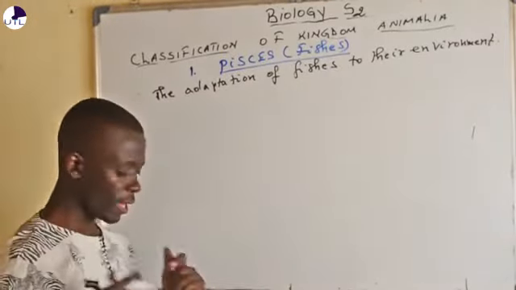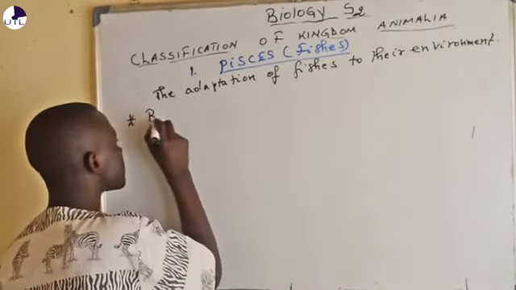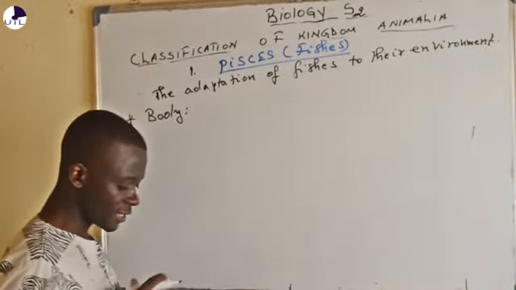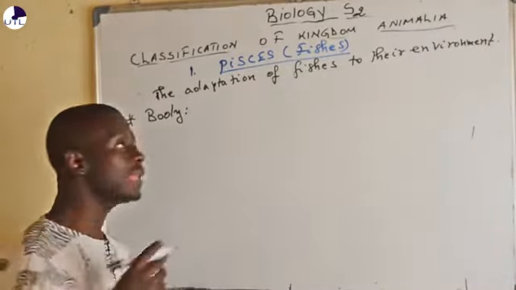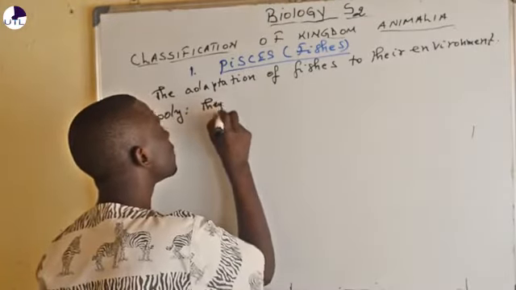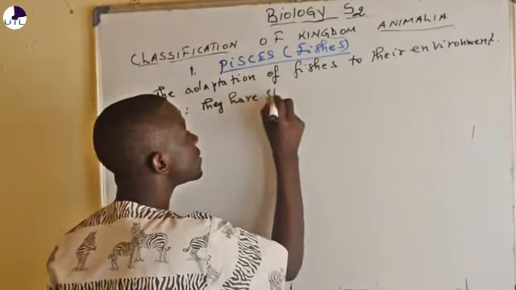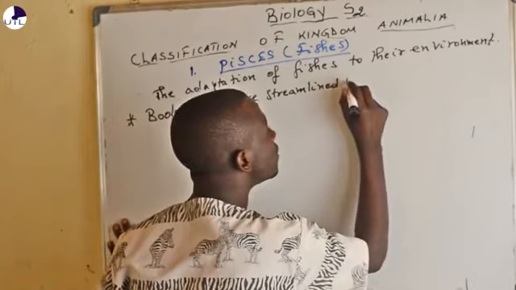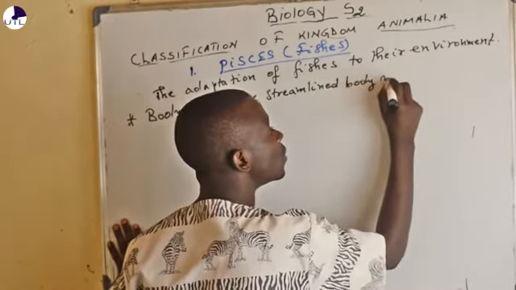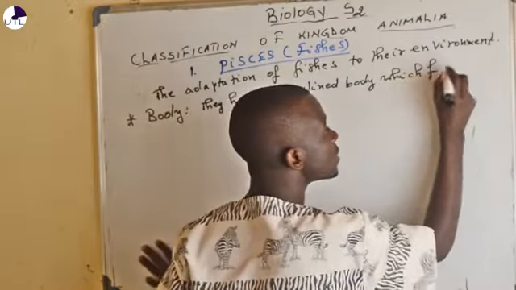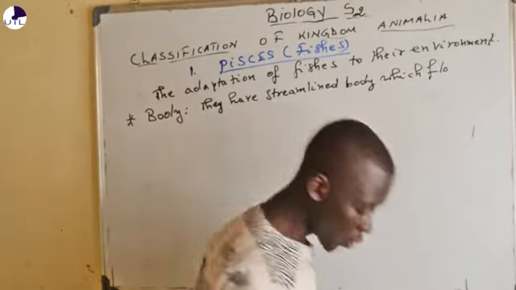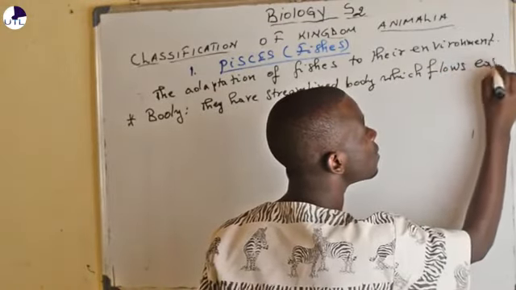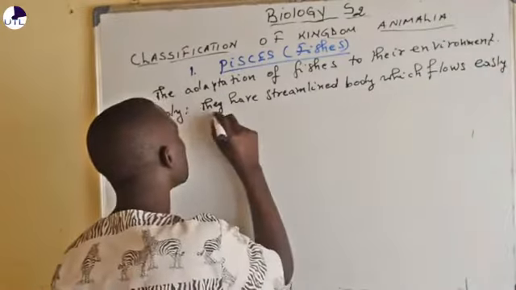First of all, they have the structure of their body. The fishes have a streamlined body, which flows easily in water.